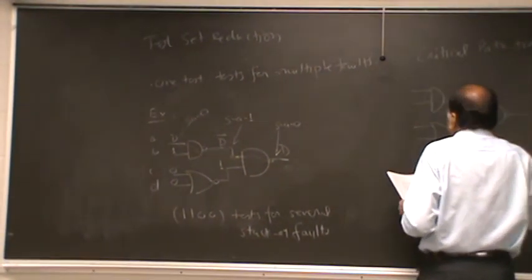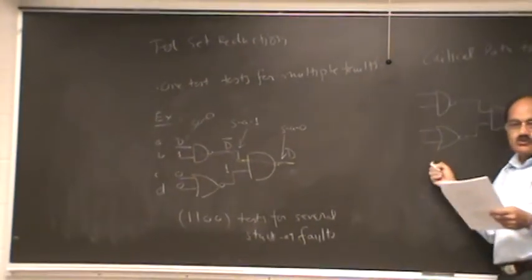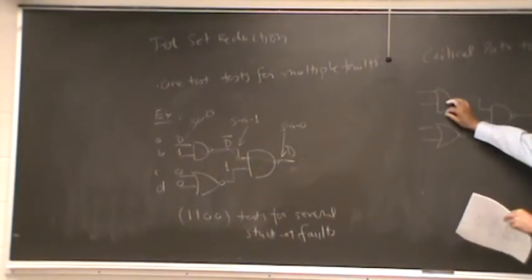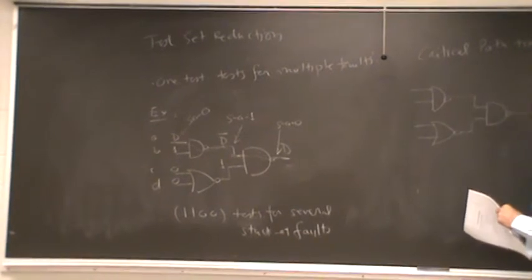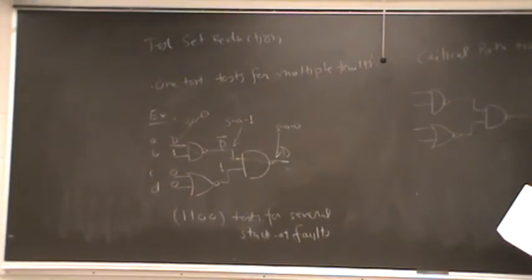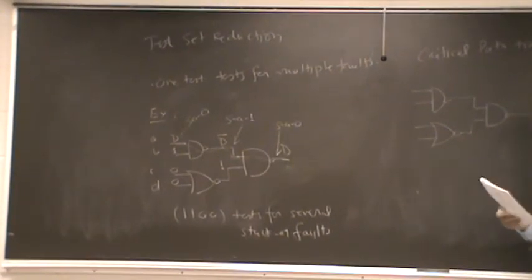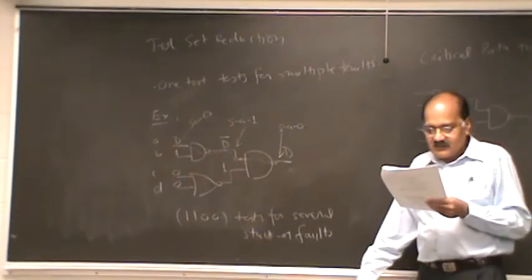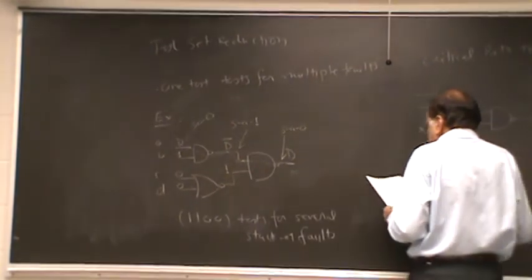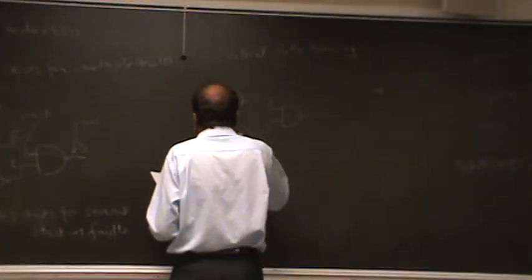I'm assuming here that there is no reconvergent fan out, so there are no lines which are fanning out and then converging like this, because they will cause some complications. There are people who have developed methods for those also, but we are not going to worry about those and consider this situation here.